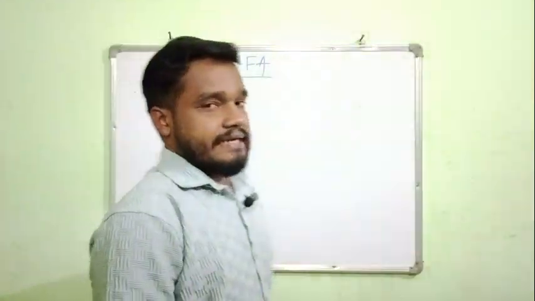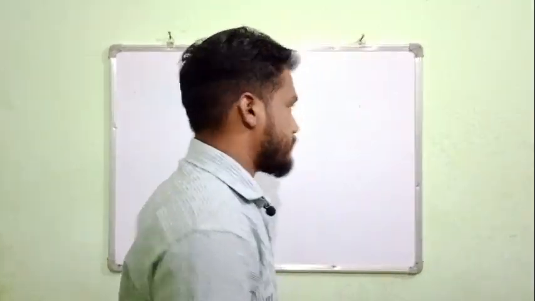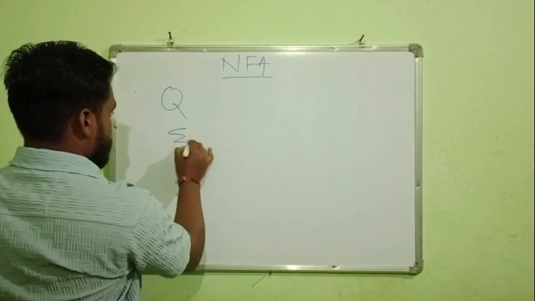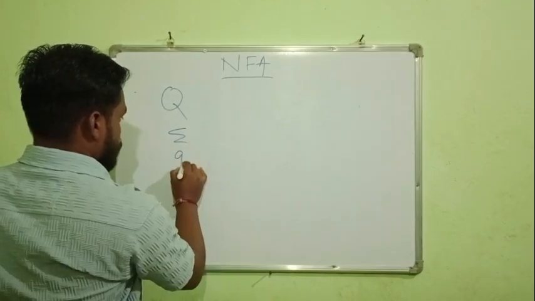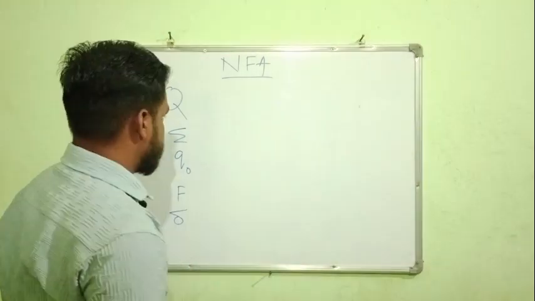It's like DFA, it has some tuples. In DFA we get 5 types of tuples, and in case of NFA also we get 5 types of tuple: capital Q, sigma, Q0, F, delta.